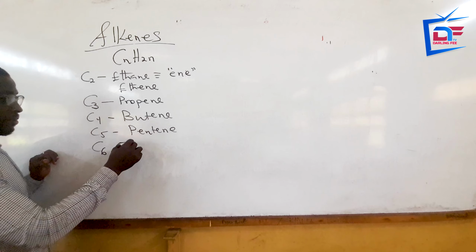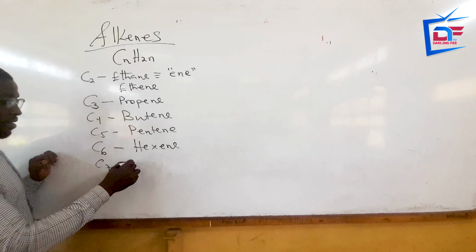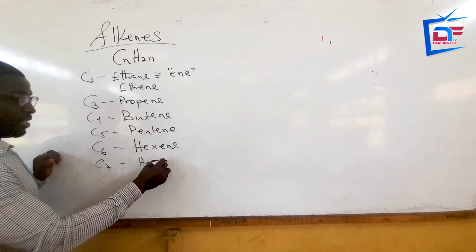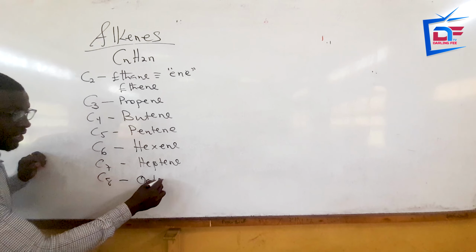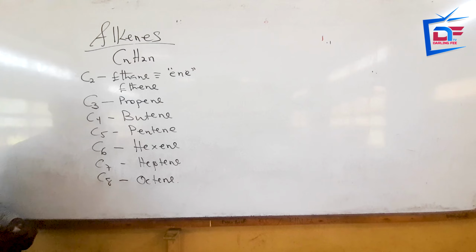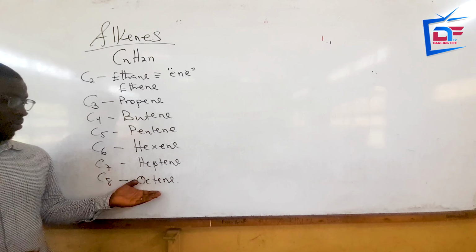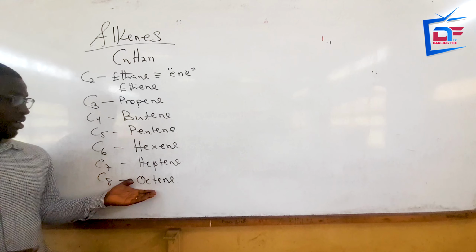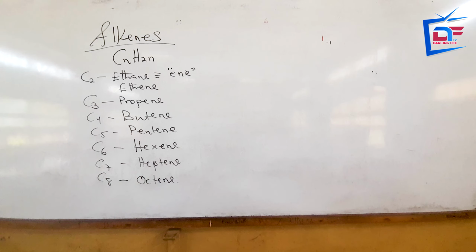C6 we have hexene, C7 will give us heptene, C8 octene, so we can continue from there, and that is something that we are going to depend on for our naming of alkenes.